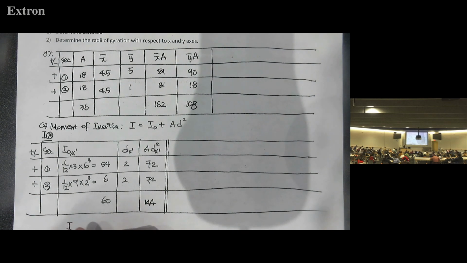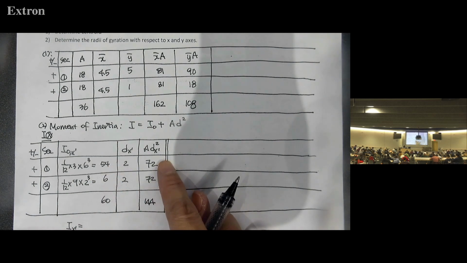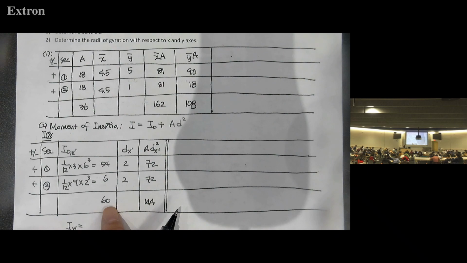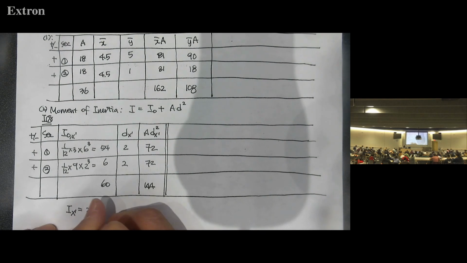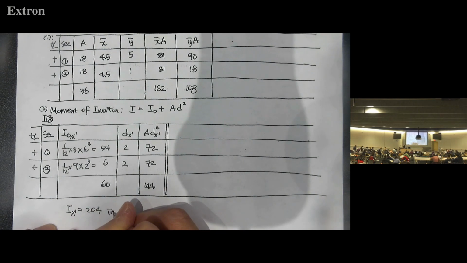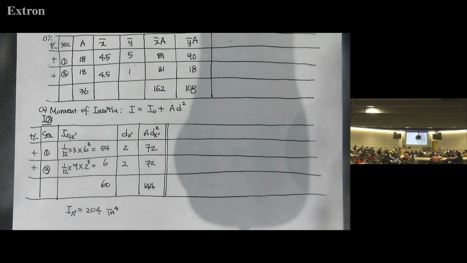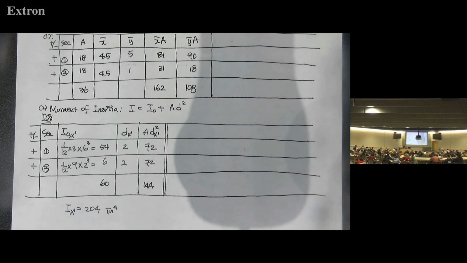And now Ix prime is the sum of these two plus the sum of these two, 60 plus 144. So it's 204. Any questions about Ix prime?